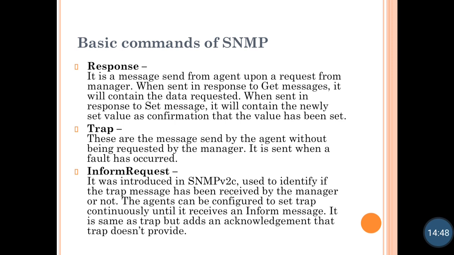The agent can be configured to send the trap continuously until it receives an inform message. The agent will send the trap again and again until it receives the inform request. It is the same as a trap but adds an acknowledgement that a trap doesn't provide. It will send an acknowledgement to the agent.